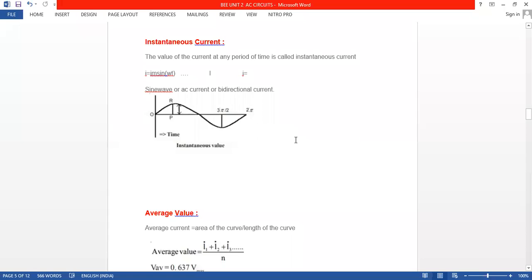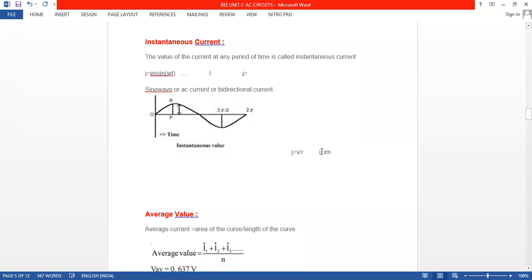So now, if I am writing the equation, what is the formula for DC current? I is equal to V by R. Yes or no, all of you? That is only for DC current. Now today onwards, what is the formula for AC current, I is equal to? AC current has a peak value or maximum value. I'm writing here, you also write along with me.